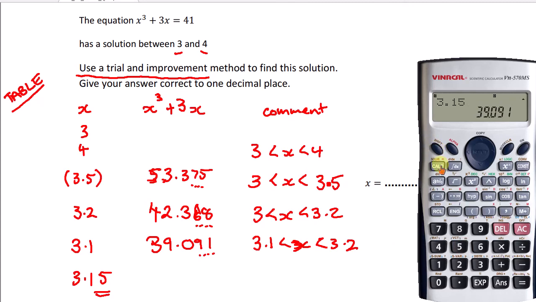Now, some of you might think, oh, just keep halving and it will go. Works if you're working in binary. But with base 10, we need to get to 1 decimal place above, 1 decimal place below. And got the value in. Select my equation, and it tells me I've got 40.7.